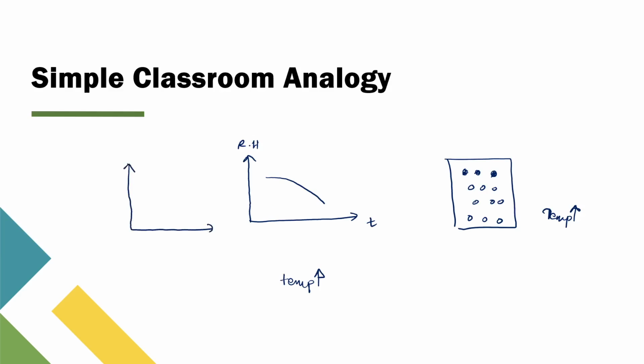Did the number of students change because I changed the temperature? No, right? They remain the same. The number of available spaces changed, but the number of students didn't change. Therefore, AH remains constant. Hope you understand the idea behind these questions.